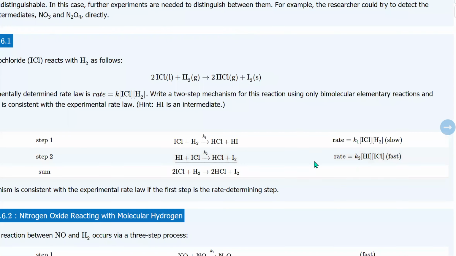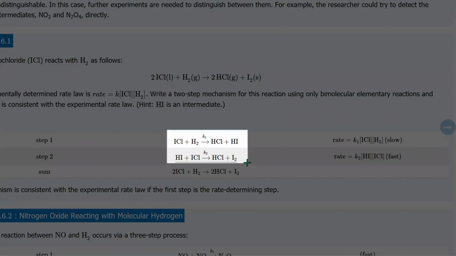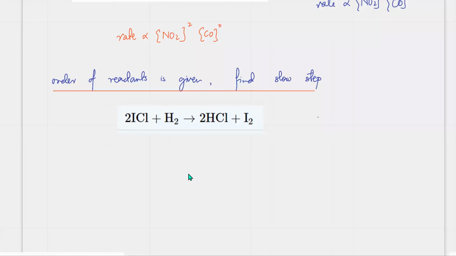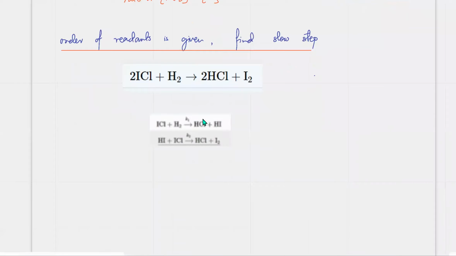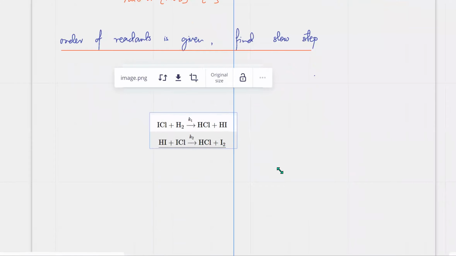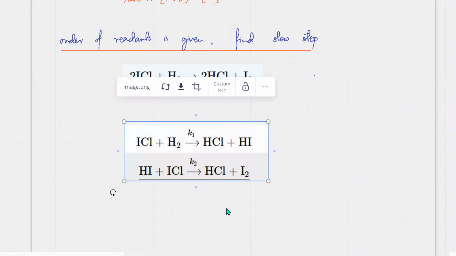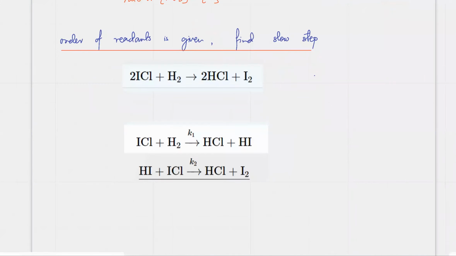And this over here is the mechanism. So we've got 2 steps. Now let's say they told us, and you forget K, ignore K, there's no K, just assume there's no K.